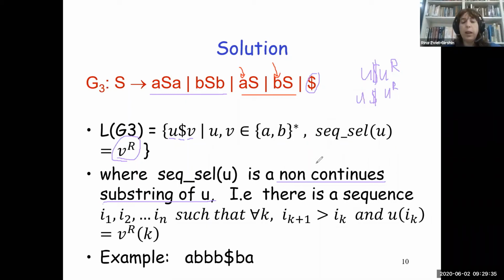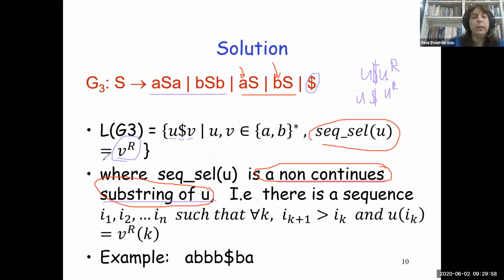And that is why I claim that I have a non-continuous substring of U, because each time I use the third and the fourth rule, I definitely don't want to see these letters as the definition of some sequence of U that is actually rewritten in V in reverse order.